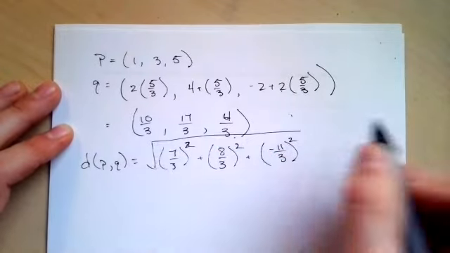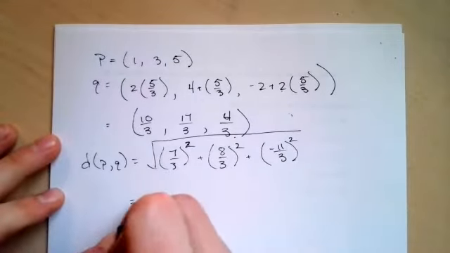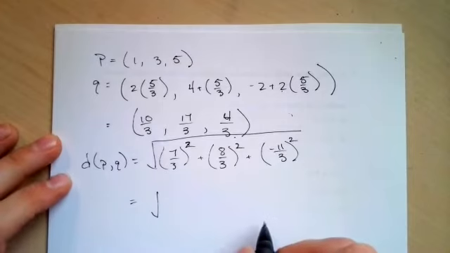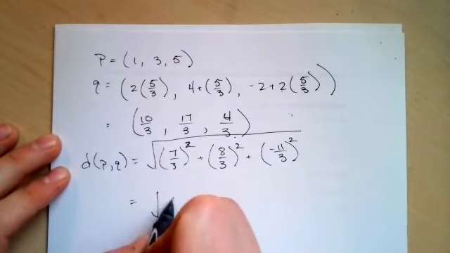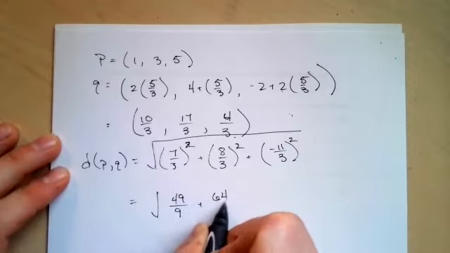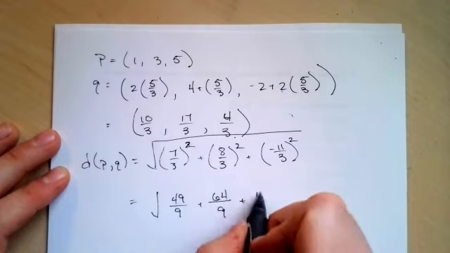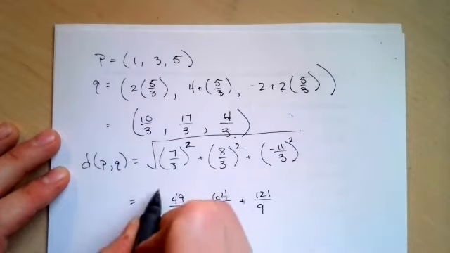Add those all up and then take a square root to find our distance. So unfortunately, these numbers don't look to be the nicest. So 49 over 9 plus 64 over 9 plus 121 over 9.